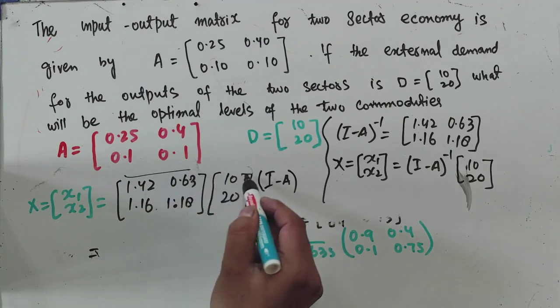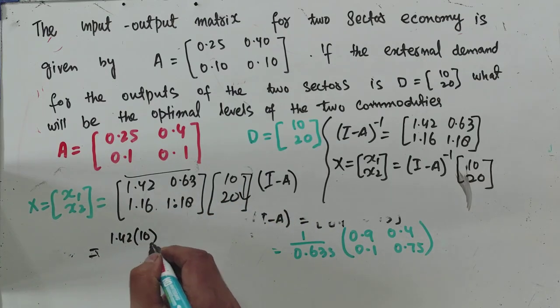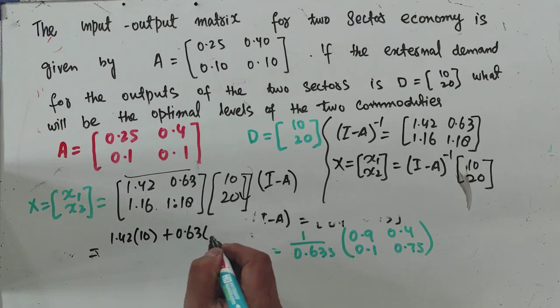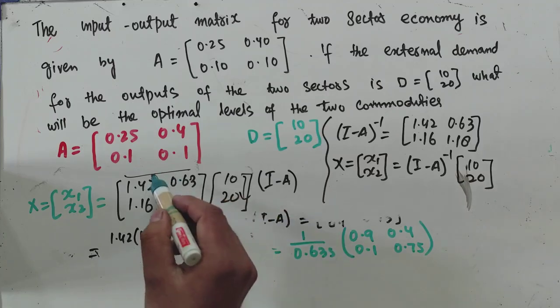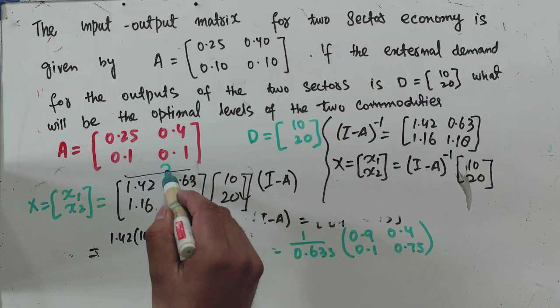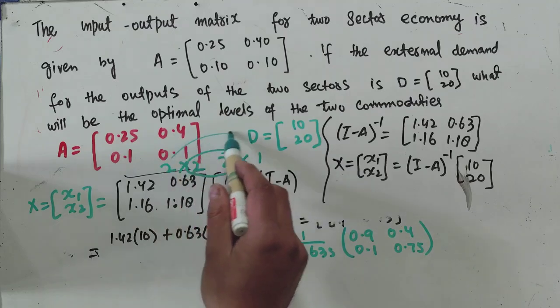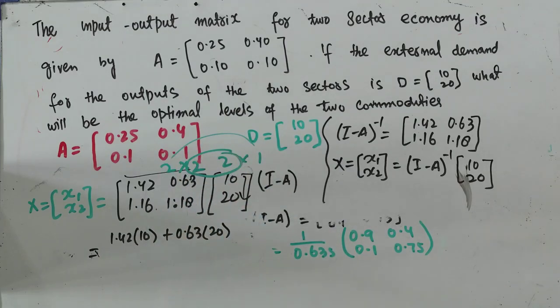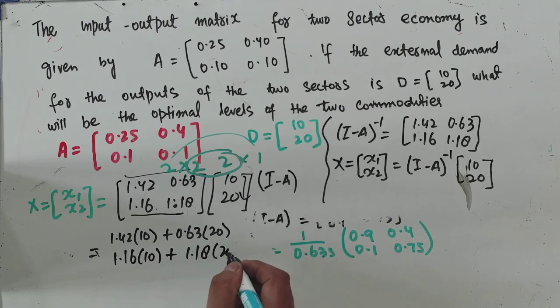Multiplying row with column, we get 1.42 times 10 plus 0.63 times 20. And what will be the order of the new matrix? Here we have 2 by 2, here we have 2 by 1, so the order of the new matrix will be 2 by 1, with 2 rows and 1 column. Next we write the multiplication 1.16 into 10 plus 1.18 into 20.